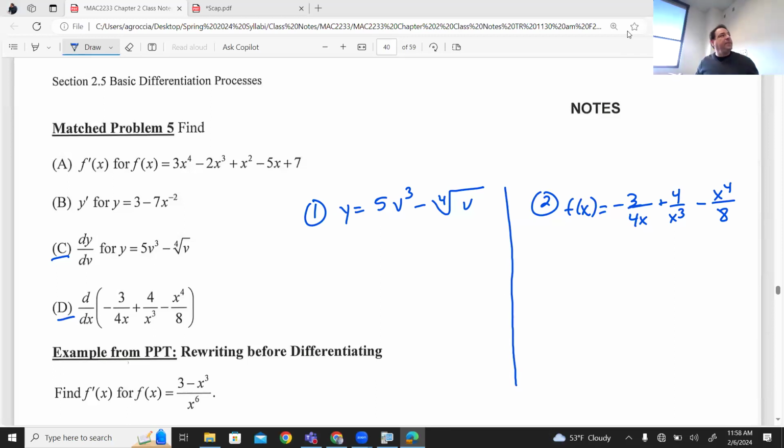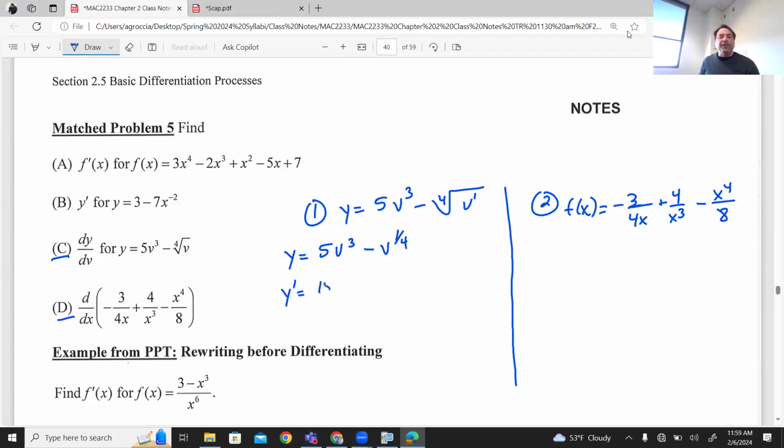Okay, so again, anytime it's got something a little weird to it, we should rewrite it first. So this is just y, rewriting it: 5v cubed minus, this is a v to the 1, that's 4th root, so that's v to the 1/4. Just getting comfortable rewriting it first. Then when I take the derivative, we do y prime.